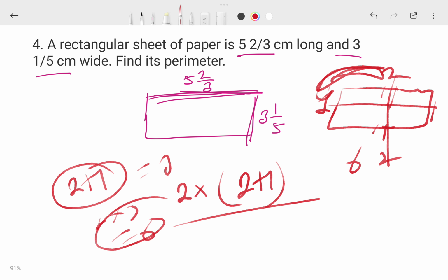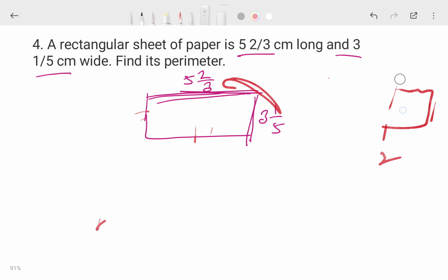Both are the same. You can write this here or here and then add, otherwise you can add this and then multiply by 2. Now what we do, we will not do like that.